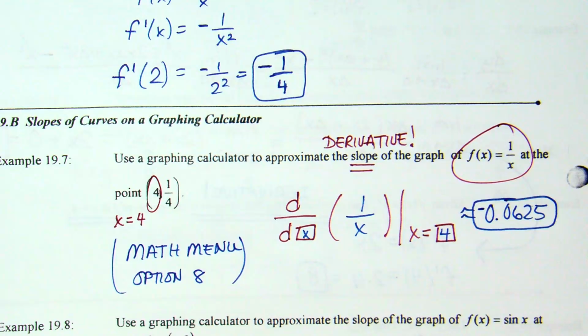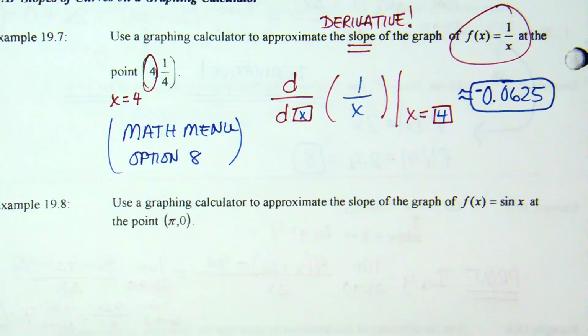Okay, you got it? When you're ready, I would say try example 8. It says use a graphing calculator to approximate the slope of the graph of f of x equals sine x at the point pi, 0. It said slope, so again your brain is saying derivative.